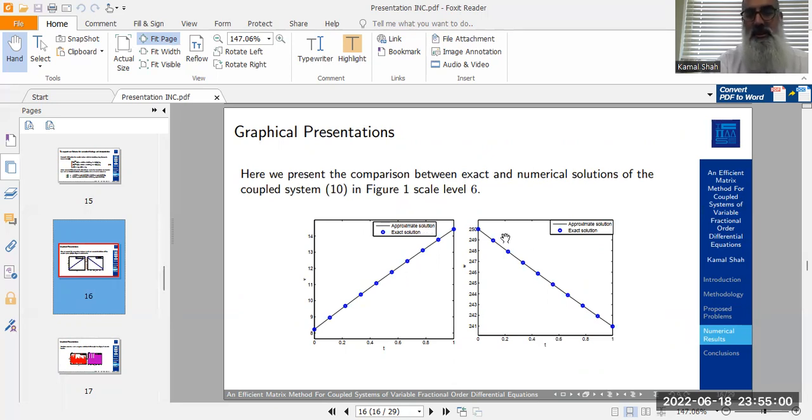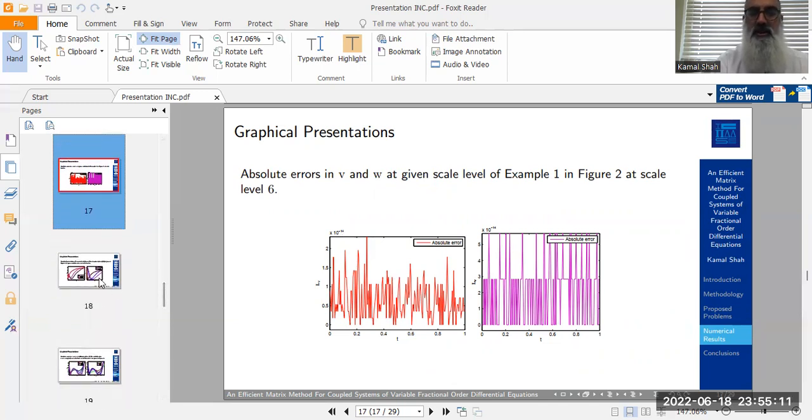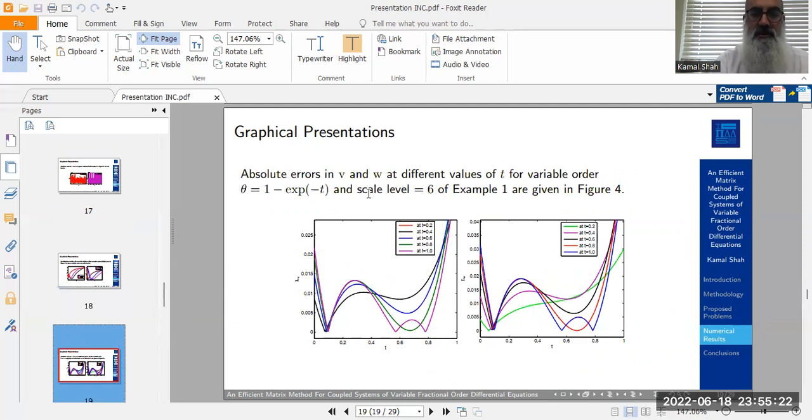We see that both solutions are very close to each other. Similarly, in this figure we have presented the absolute error. We see that the absolute error is very small because the problem is very smooth and the solutions are closely related. Similarly, here we have presented the numerical solution at various variable orders using scale level 6. Here we have considered this variable order and used level 6 to compute the absolute error for various values of t.